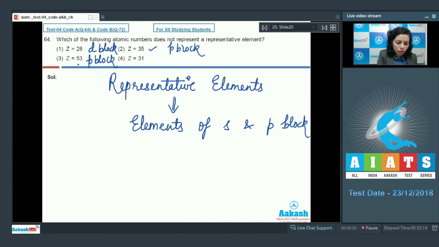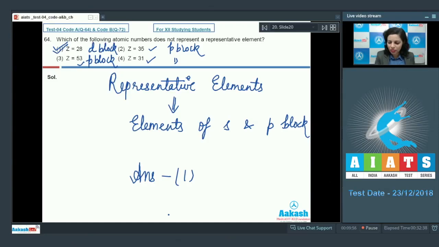That's why it is also a representative element. For Z equal to 31, this is the element gallium, which is also a P block element, so it is also a representative element. The one that is not is given in option 1, and I'll choose this as the correct option.